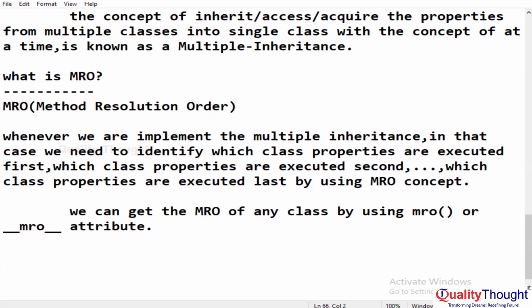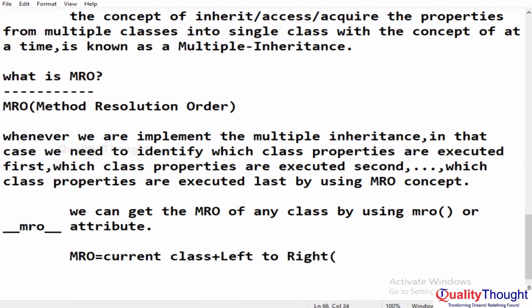Okay, manually to calculate the MRO: current class plus we follow left to right associativity.